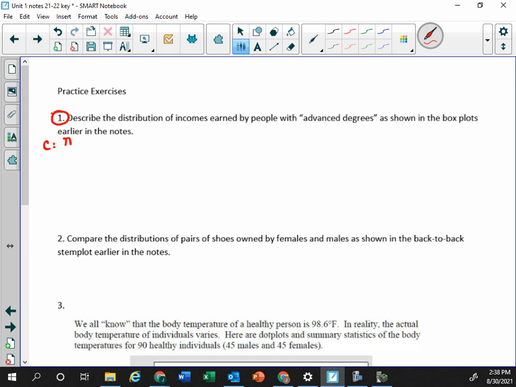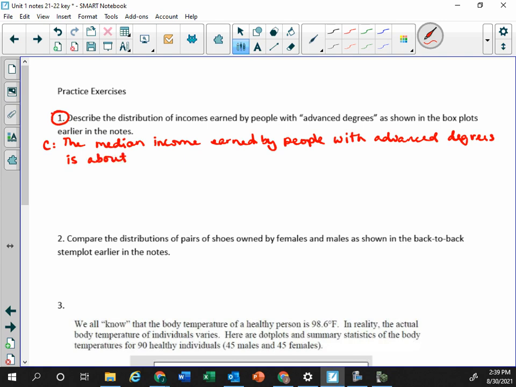So the median income earned by people with advanced degrees is about, or approximately, 65,000.